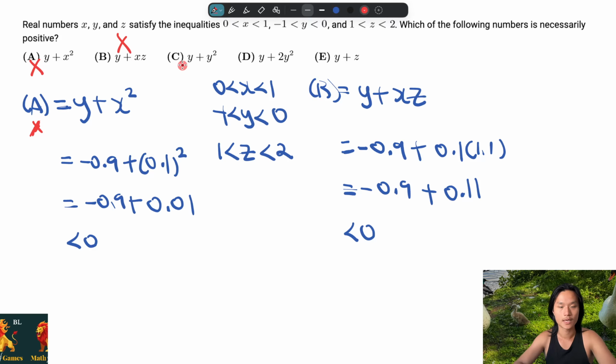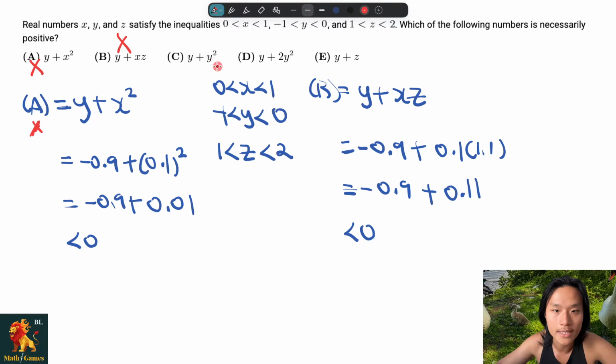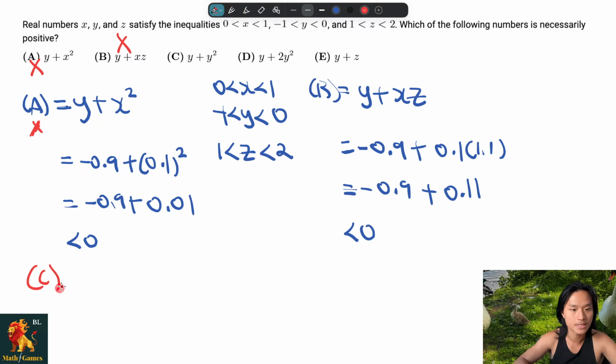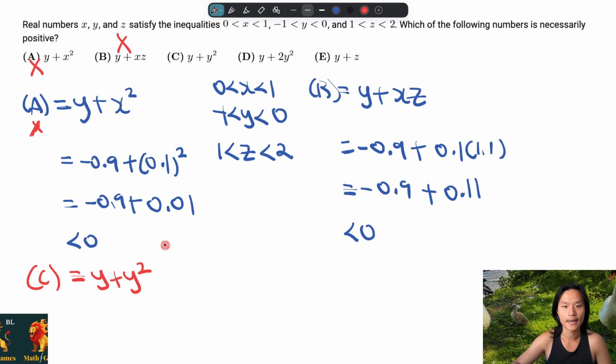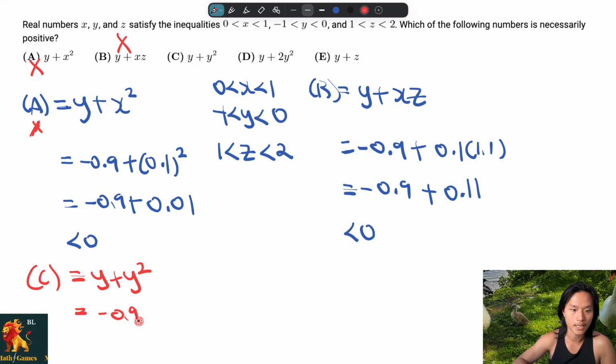And then we can think about y plus y squared. So we are only concerned with y in our case. So C equals y plus y squared. And let's say we pick y to be -0.9.